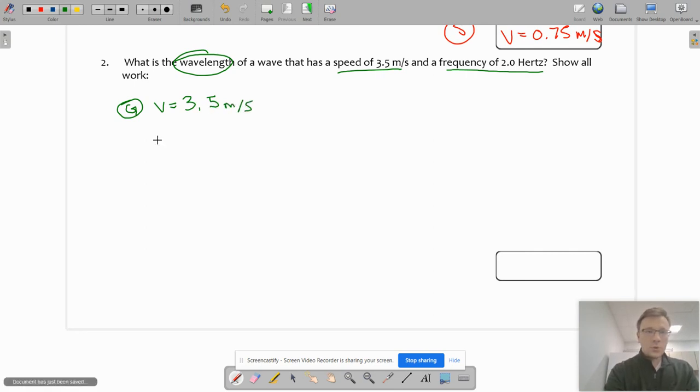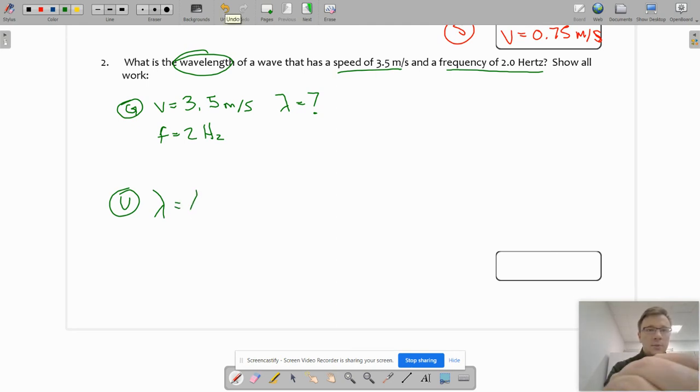We have the frequency, which is 2 hertz. And we are solving for wavelength. Okay, so again, we're solving for wavelength. That is going to be measured in meters because it is a length measurement.